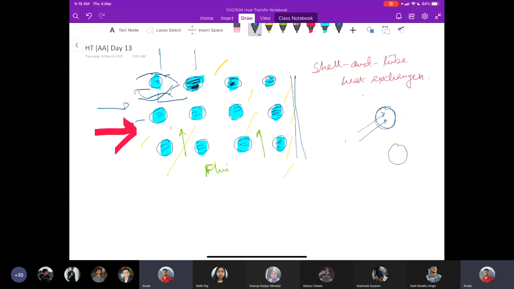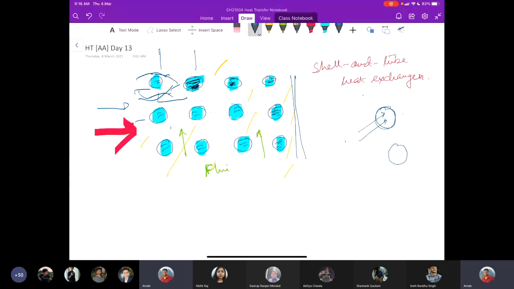So the flow pattern and turbulence level changes. In such a scenario, how do we estimate the convective heat transfer coefficient, or the heat transfer rate?